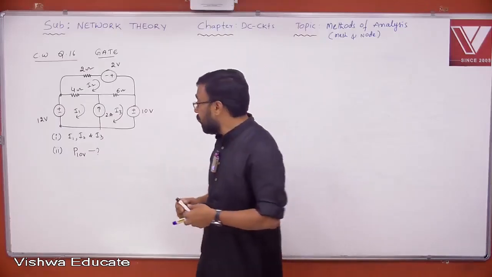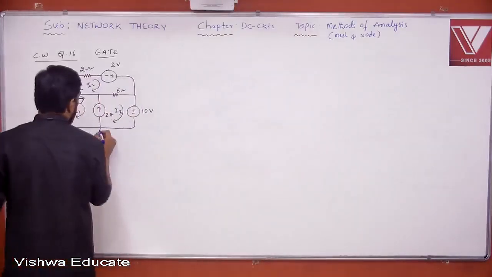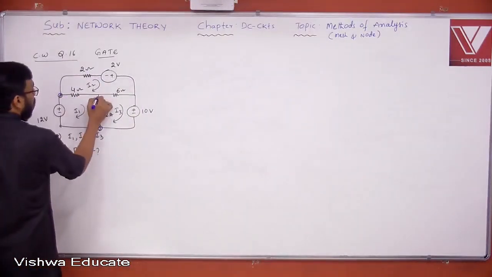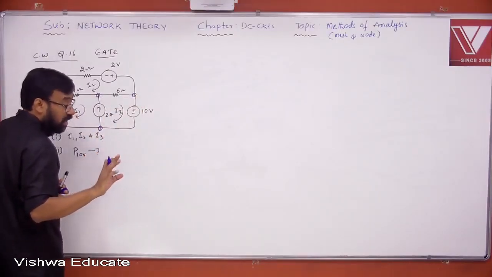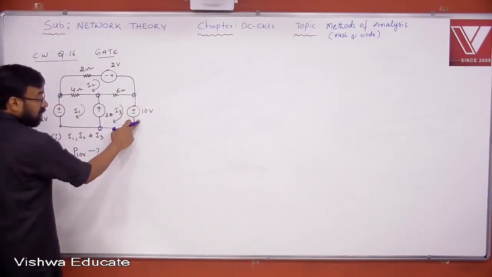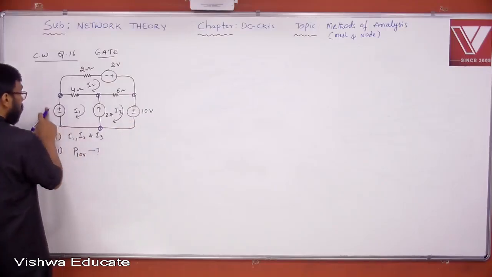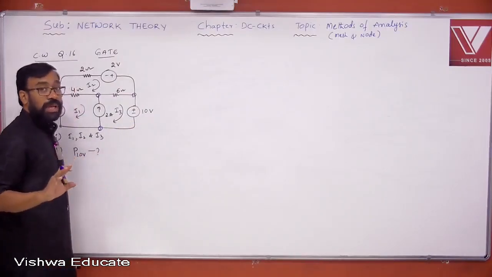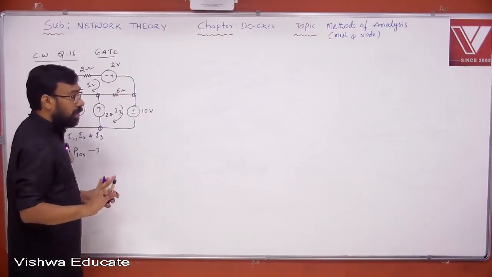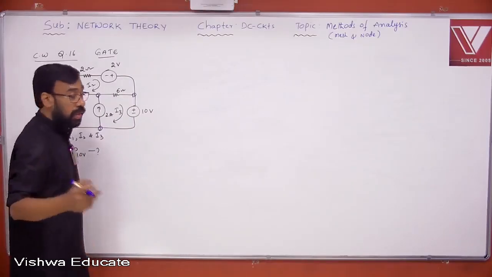But what about node analysis? If you go for node analysis, 1, 2, 3, 4 nodes, 4 minus 1, before you conclude that, check. There is a voltage source that doesn't have a resistor, and n minus 1 equations fails. It all depends on the selection of the reference node.